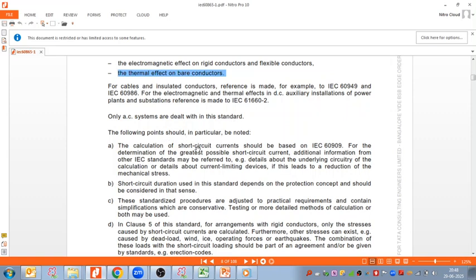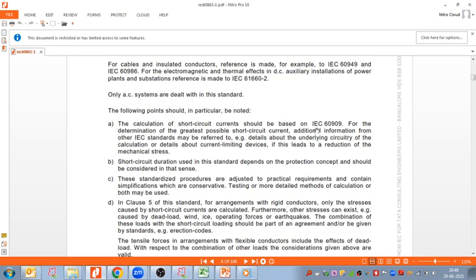The following points should in particular be noted. Short circuit current calculations should be based on 60909, so how much current will come, we need to calculate based on 60909.